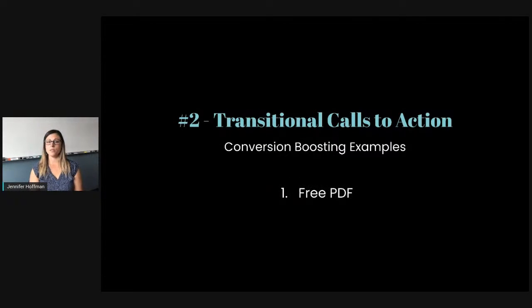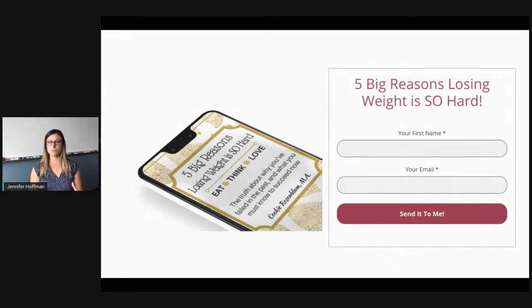So let's talk about some examples. A free PDF is a really common one, where you have five tips for something in your industry that shows that you're the expert and is valuable information for your users. This is a really good example from a weight loss coach that I'm familiar with.